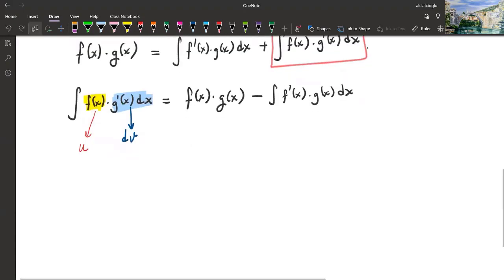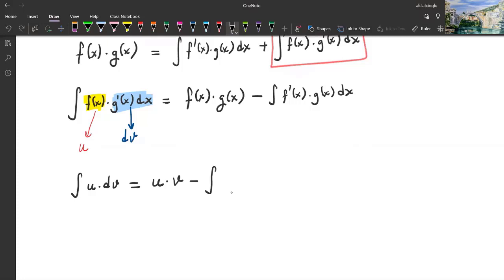So I will write this result in terms of u and v. It becomes integral of u times dv is equal to f of x, which is u, times g of x. What is g of x? When you take the integral of g prime of x dx, it will be v. This is v.